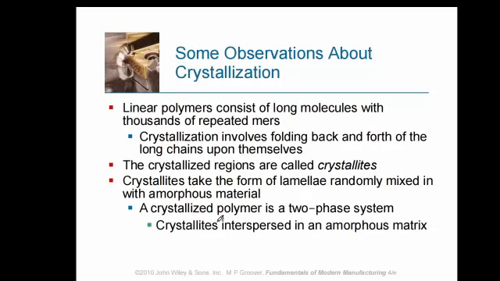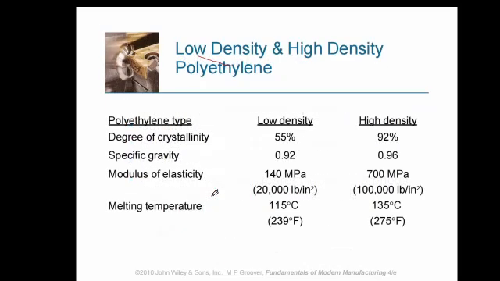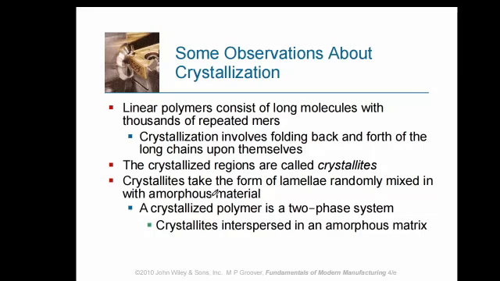And crystallites take the form of lamella, which is randomly mixed with amorphous material. Again, as was shown here, we have the lamella mixed with a region which is non-crystalline, which is the amorphous region. A crystallized polymer is a two-phase system where you have a crystallite region interspaced with an amorphous or non-crystalline matrix.